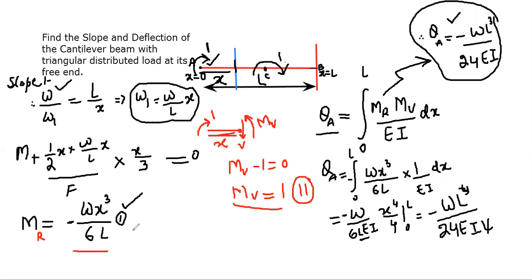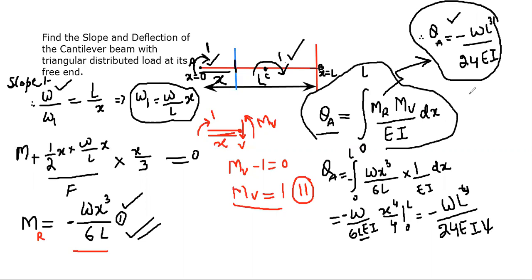First of all, find the real bending moment, and then find the virtual bending moment. Virtual bending moment means you find the bending moment in the beam when, at the point where you have to find the slope, you apply the unit moment, clockwise or anti-clockwise. Then use this formula, this principle of virtual work, to find the value of the slope at that very point. So this is about the slope.